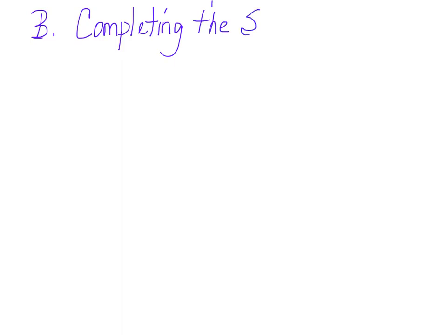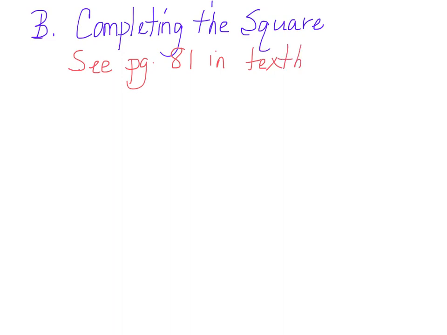Second strategy that we can use is completing the square. If you look in your textbooks on page 81, you'll see the steps for doing so. So see your textbook, page 81.